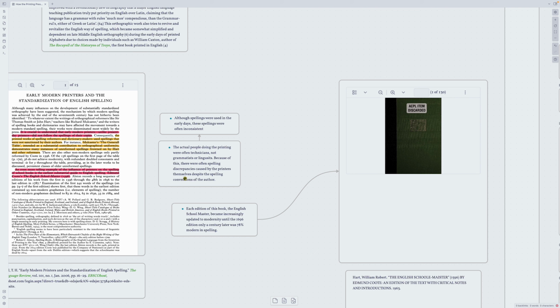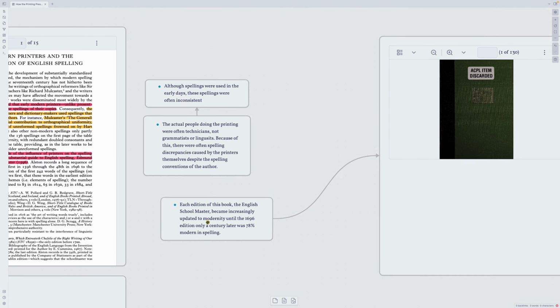It's almost like they're doing speech to text, and the computer that's doing the speech to text is an uneducated typesetter.